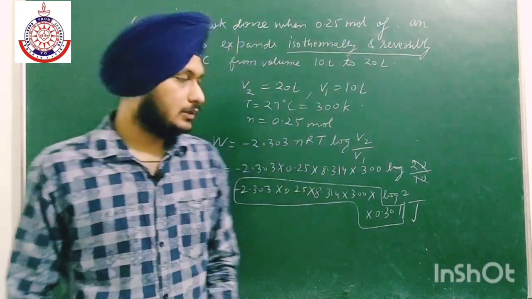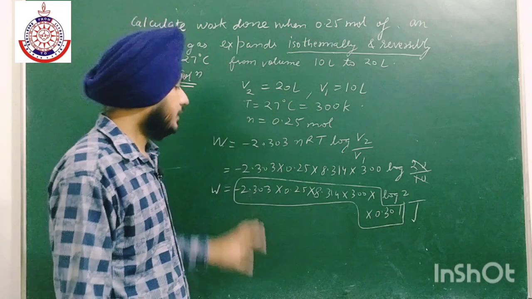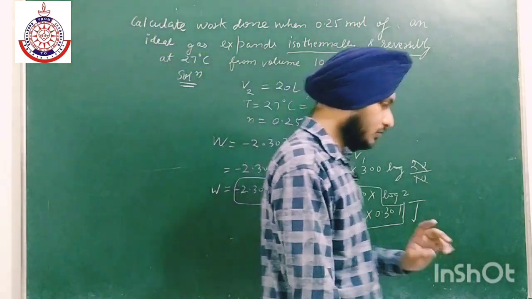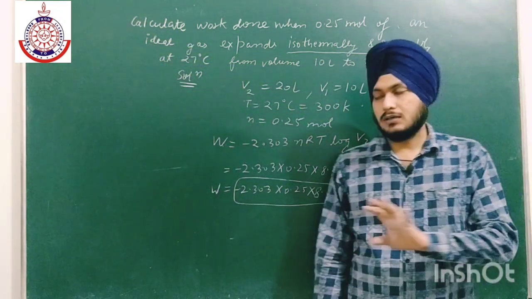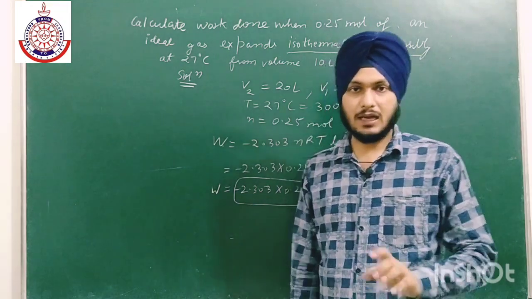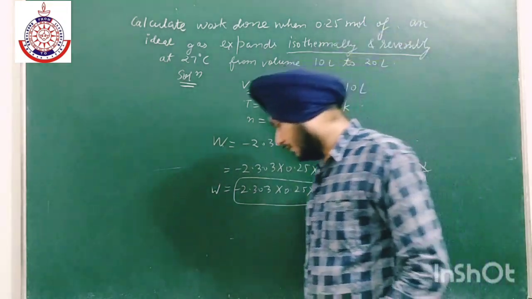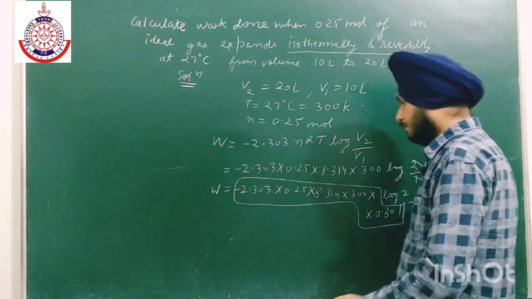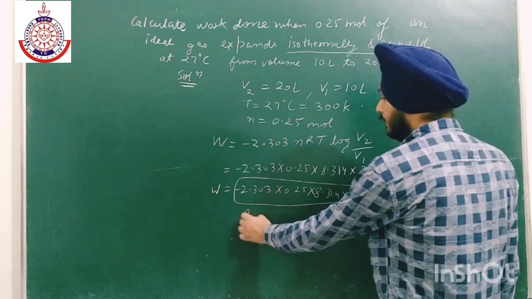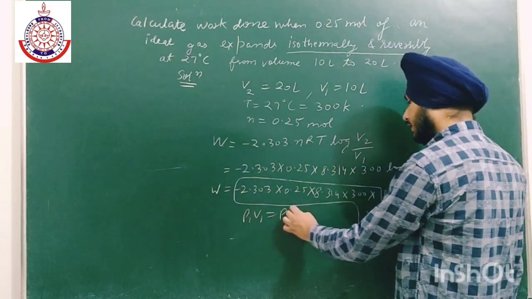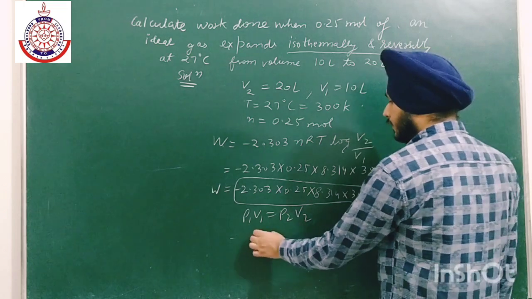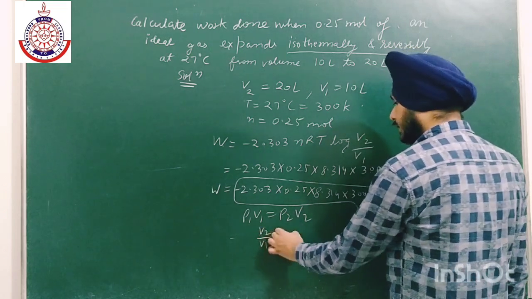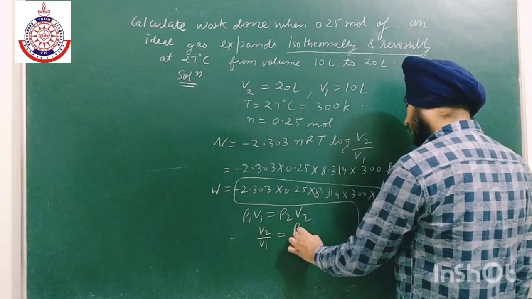These types of numericals may come in the exam, and we have to use this particular formula, W is equal to minus 2.303 nRT log V2 by V1. From Boyle's law we know that P1 V1 is equal to P2 V2, so from here we get V2 by V1 is equal to P1 by P2.